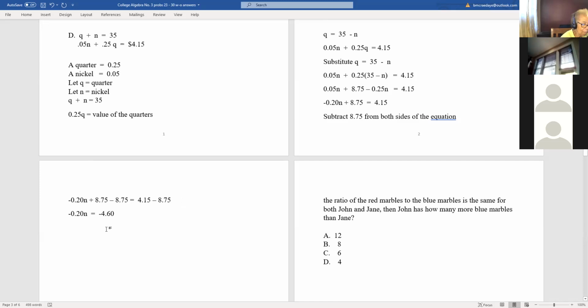Okay, now what's your next step? Divide. Divide what? Both sides by the 0.20, because you want just n left, right? Divide both sides of the equation by minus 0.20. Okay, now let's just do that. Let's copy this and do our division.